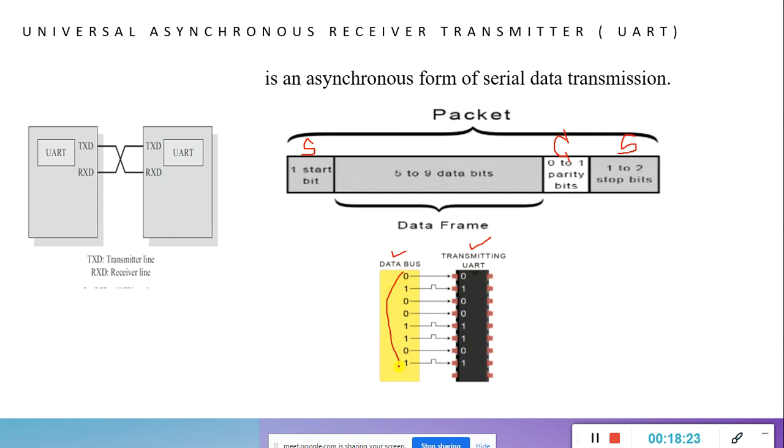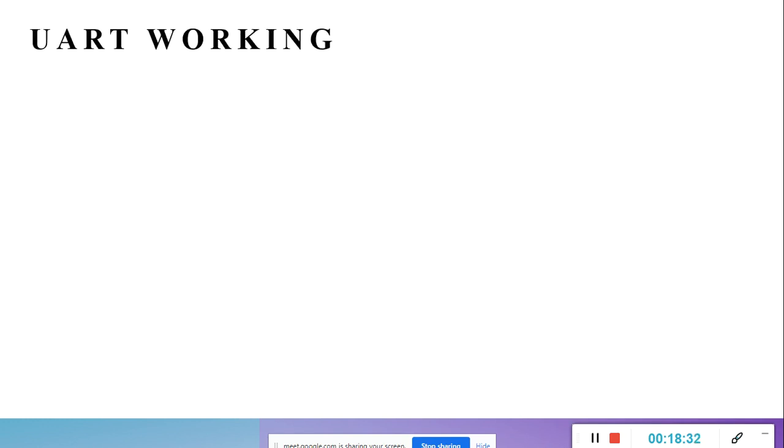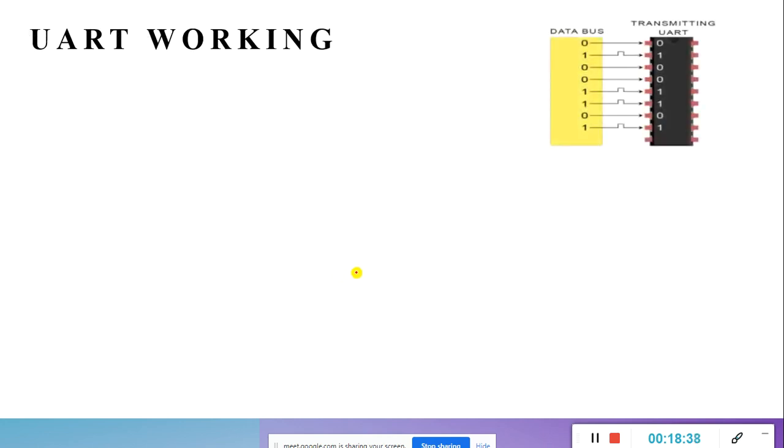This is the data bus, and this data is getting transferred onto the UART, and this transmission is done serially. Okay, we'll see the step by step working. The first step, so this is the data.